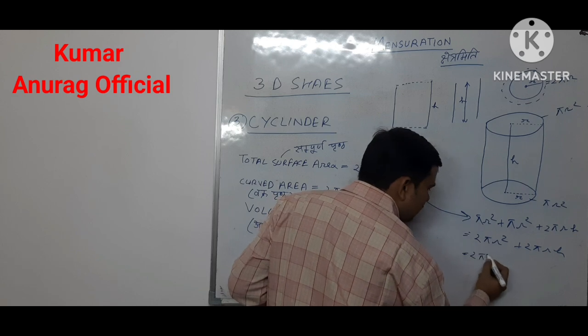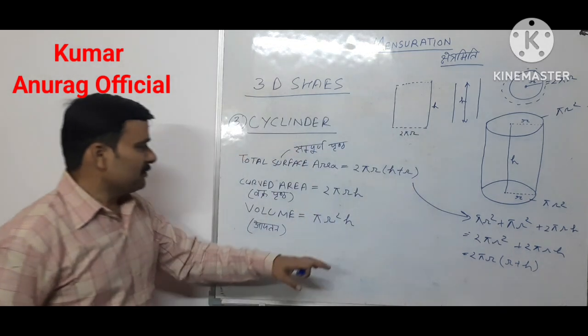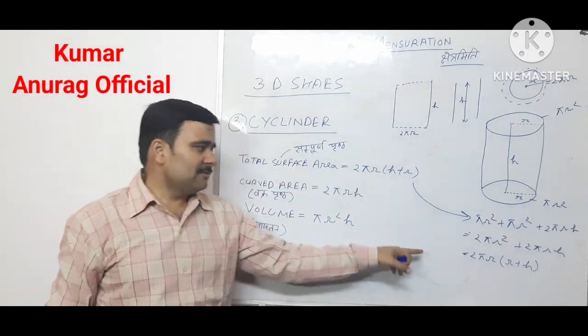We can take 2 pi r common, giving 2 pi r (r plus h). So from here we get the total surface area of the cylinder.